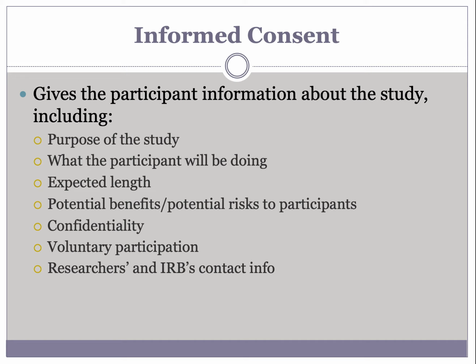So you'll tell them what they'll be doing, the expected length, 6 months, not 40 years, the potential benefits and risks of their participation, any of the details related to confidentiality, voluntary participation. They should know that they can cease their involvement at any time. And you'll also include your contact information and the IRB's contact information in your consent form.